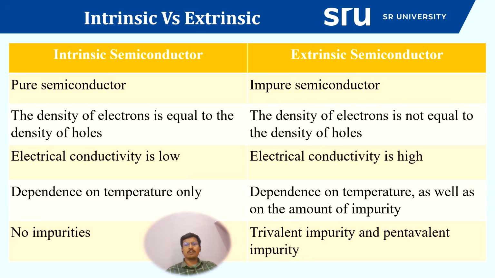That depends on the doping type, either pentavalent or trivalent. The pentavalent impurity increases the number of electrons in n-type semiconductor, and the doping of trivalent impurity increases the number of holes, that is p-type semiconductor.